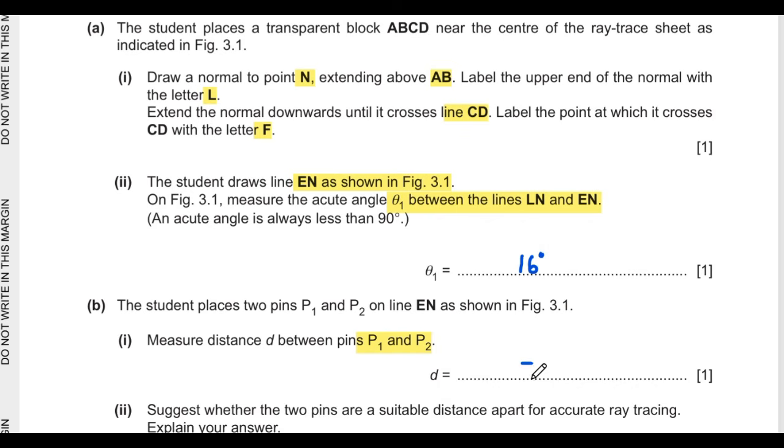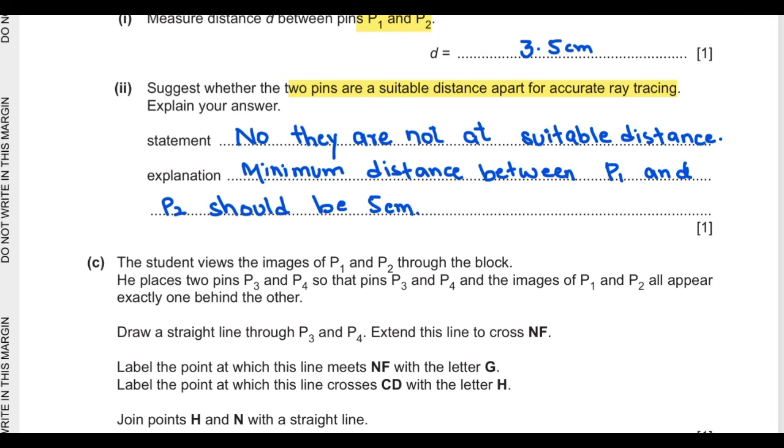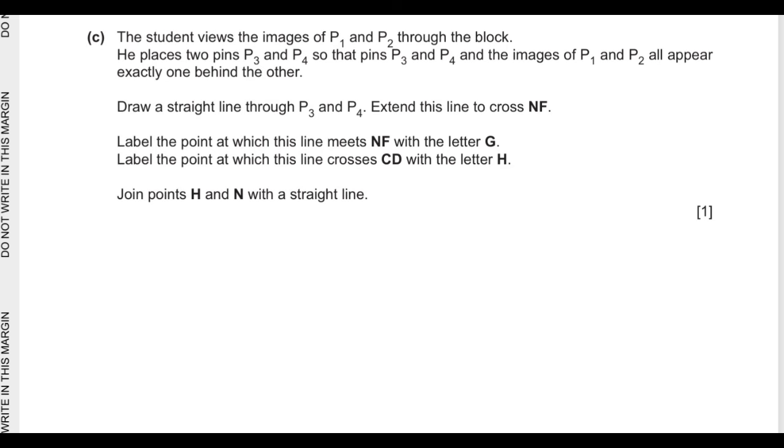Now going back to the question, the distance is 3.5 centimeters. Now, the second part of the question is saying suggest whether the two pins are a suitable distance apart for accurate ray tracing and explain your answer. So I will write no, they are not at a suitable distance because the minimum distance between two pins P1 and P2 should be 5 centimeters.